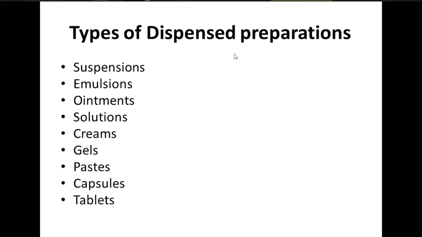So look at each preparation: the uses of the preparation, the advantages and disadvantages of this. When is a cream required, or when is a gel required? When do we need a paste or an emulsion? In what conditions can you use them?